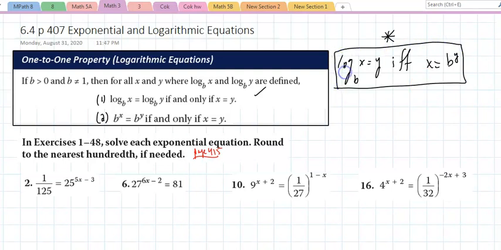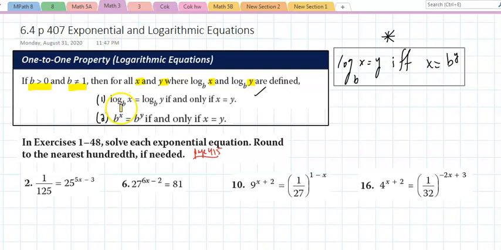We have two shortcuts. I like to call them shortcuts. Other teachers don't like that, but I'm the teacher, they're not in this class. So what are the shortcuts? Shortcut 1, assuming you're dealing with an exponential function, and assuming if you're taking the log of a quantity, that quantity, the argument, is positive, bigger than 0.